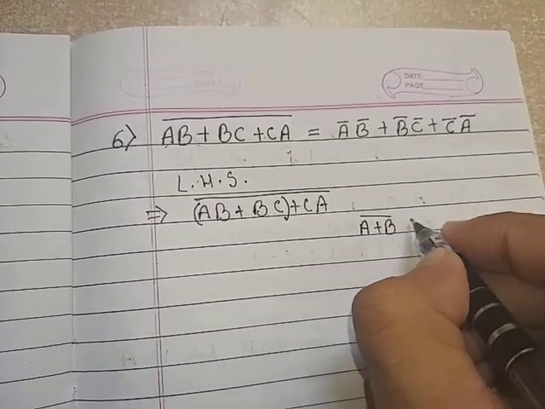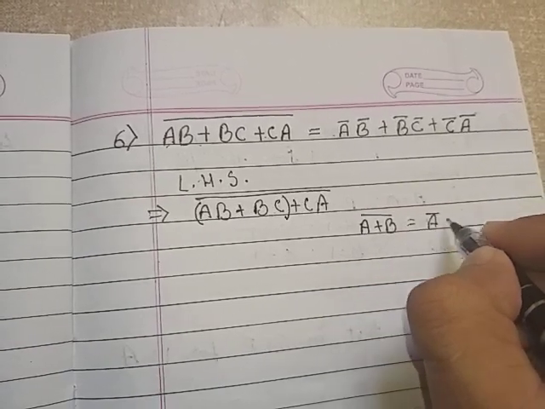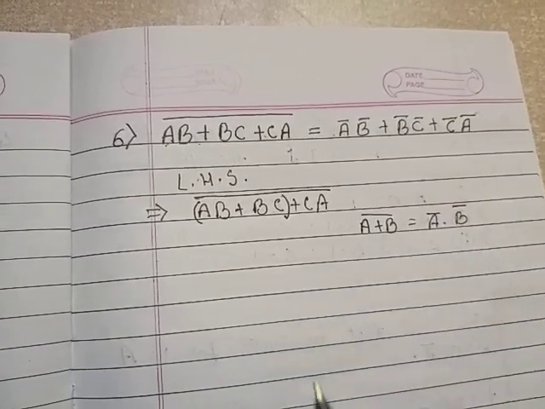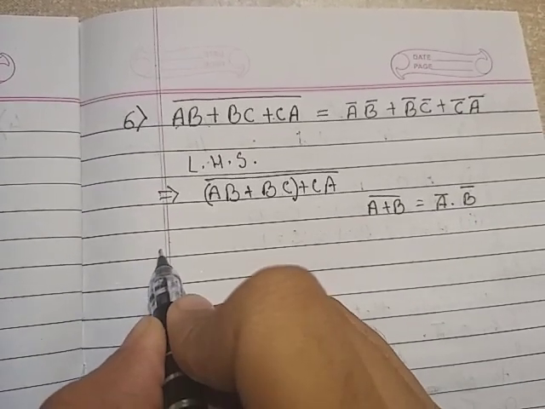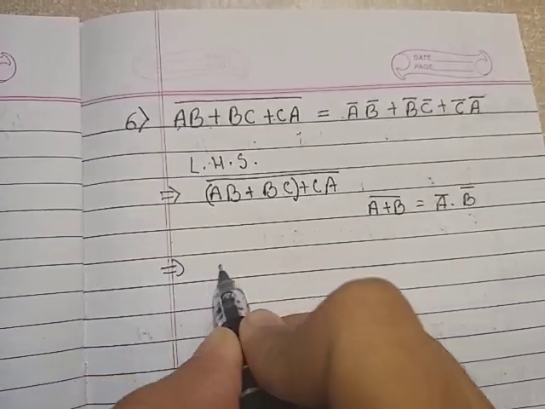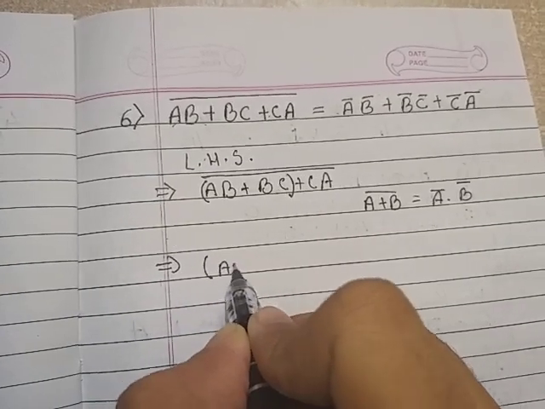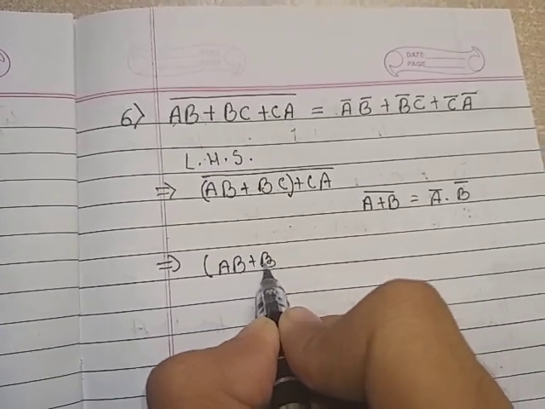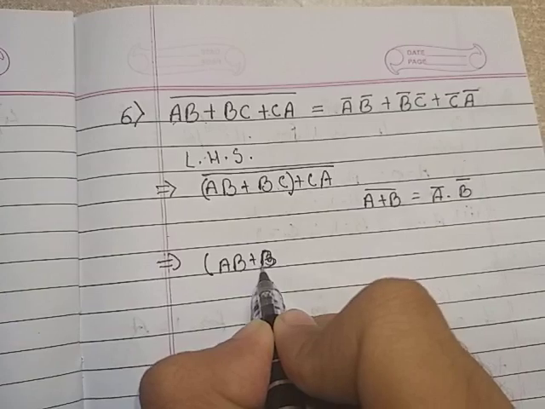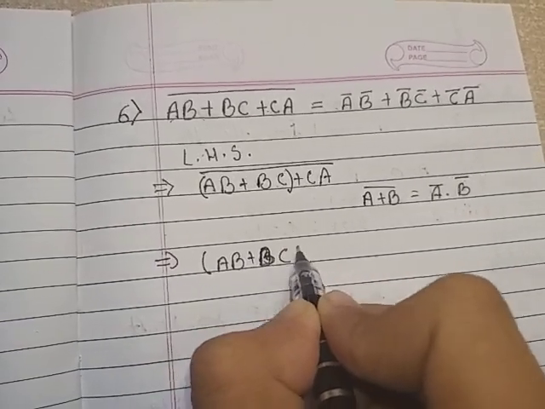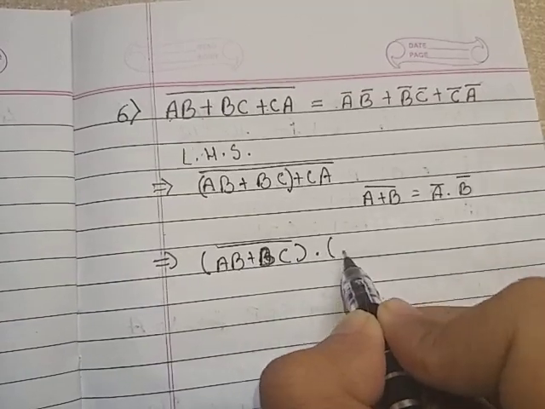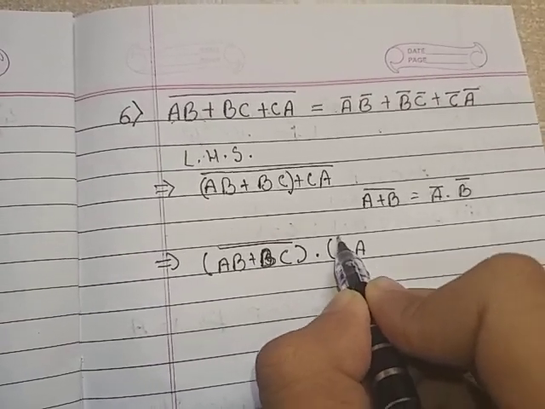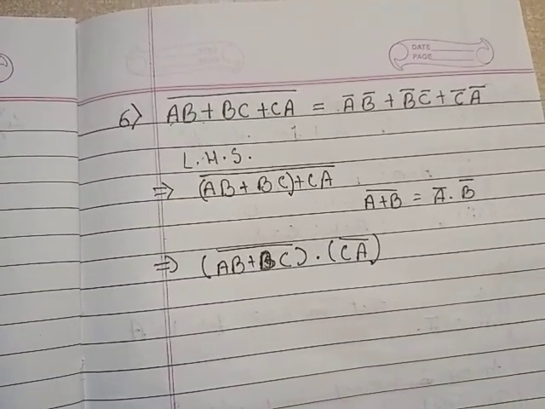A plus B to the whole bar is equal to A bar dot B bar. So what will I get? (AB plus BC) to the whole bar dot (CA) to the whole bar.